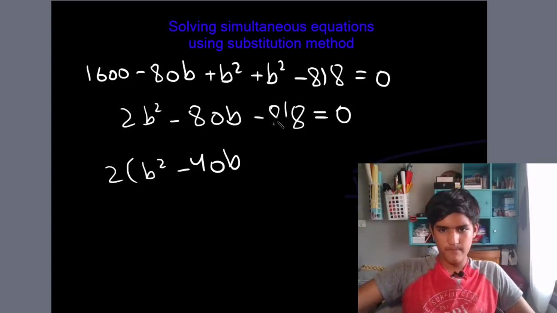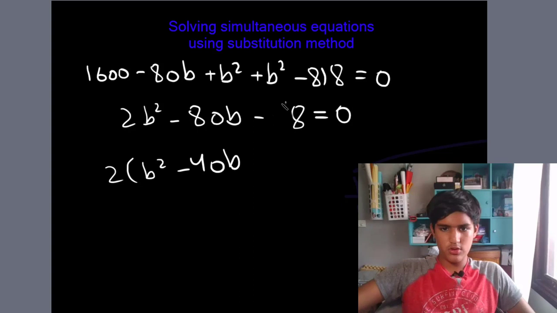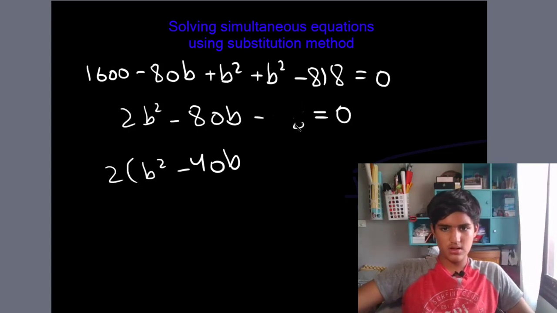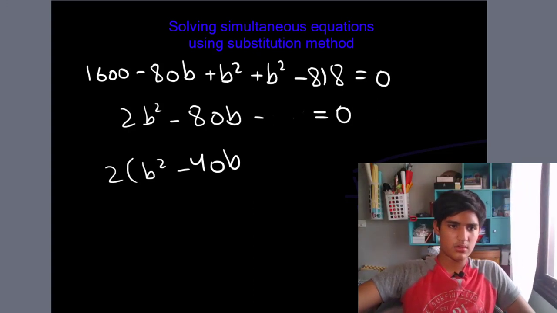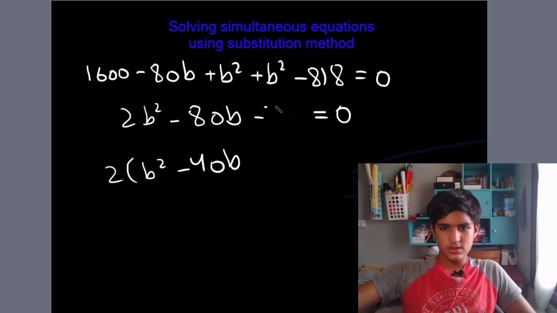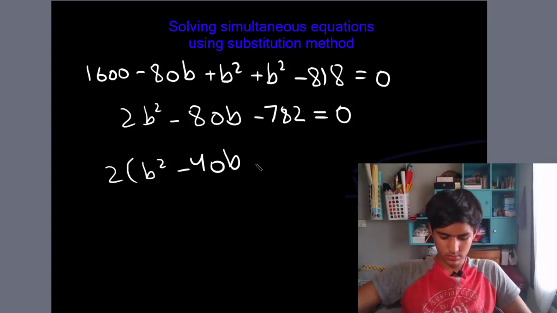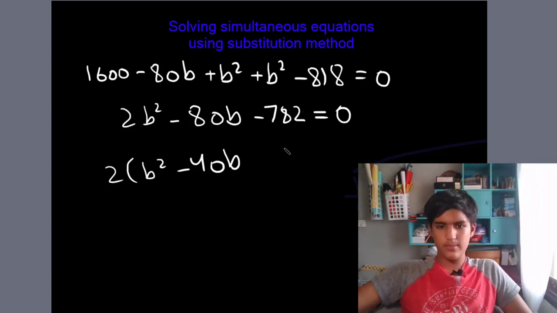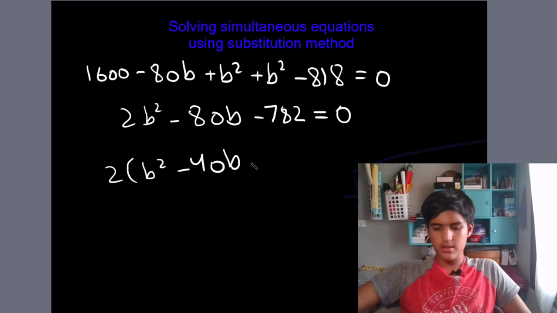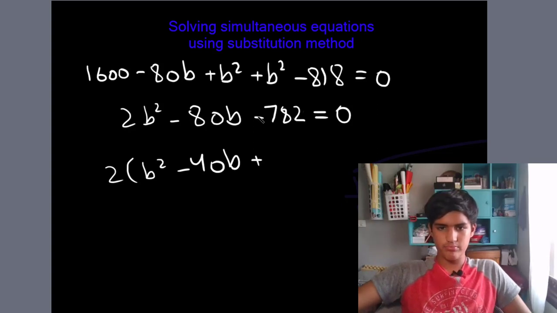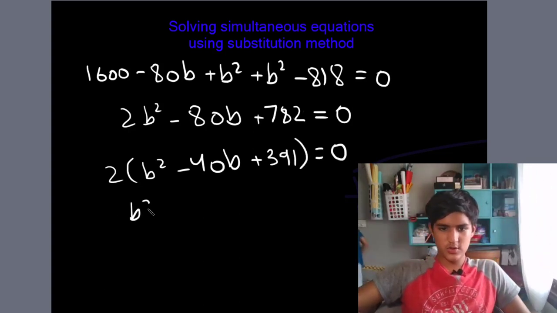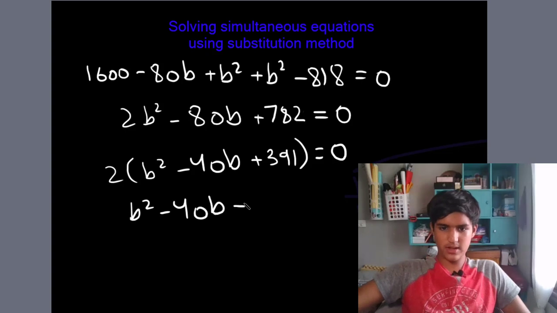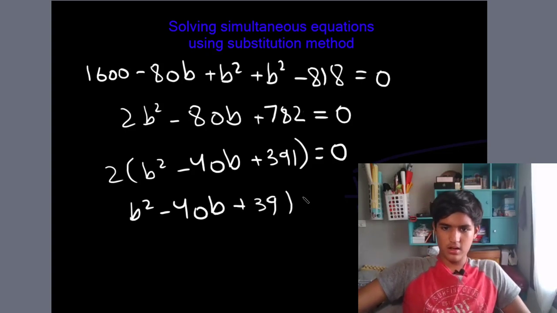It's not 818 anymore, it's 782. When divided, it becomes 391. 391 is equal to 0. So B square minus 40B plus 391 is equal to 0.